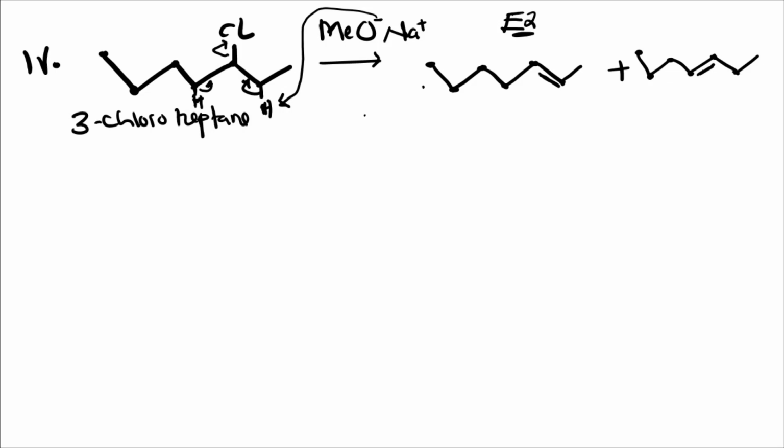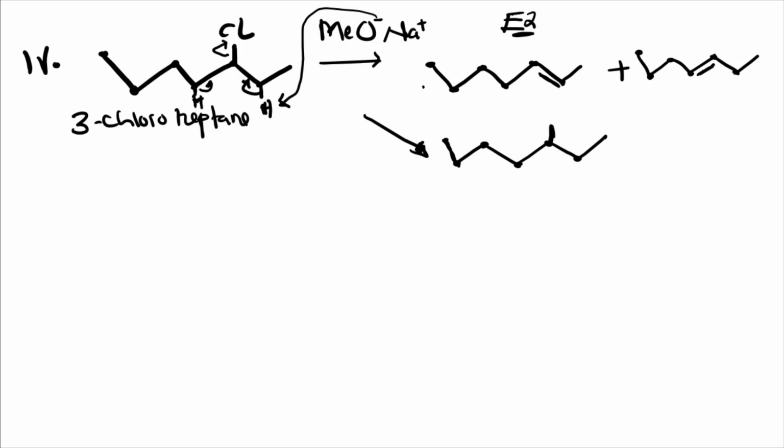The other reaction mechanism that can form products is an SN2 reaction, where this base will act as a nucleophile and it will attack this carbon here, the alpha carbon. When it attacks this alpha carbon, this leaves. So what you are going to have is this product here. 1, 2, 3, 4, 5, 6, 7.